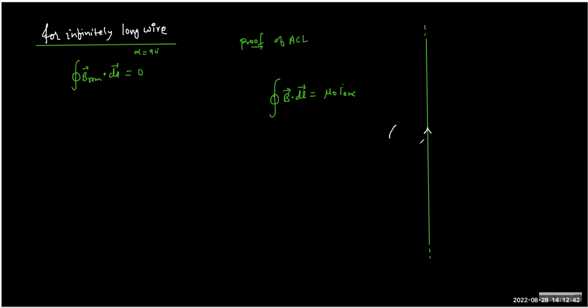So now, no matter what kind of loop you draw, it really doesn't matter. If you draw any loop, let's say the B at this point. B will always be normal to the radius, right? Yes.